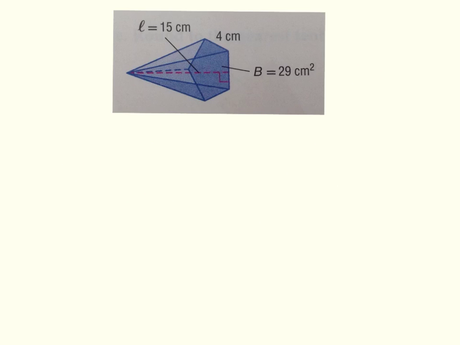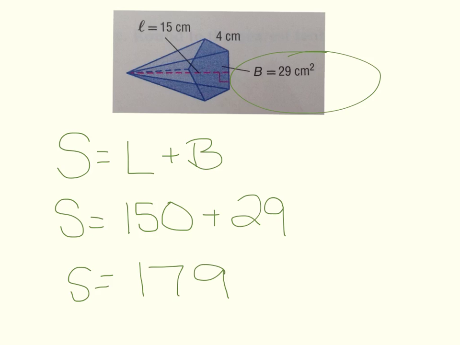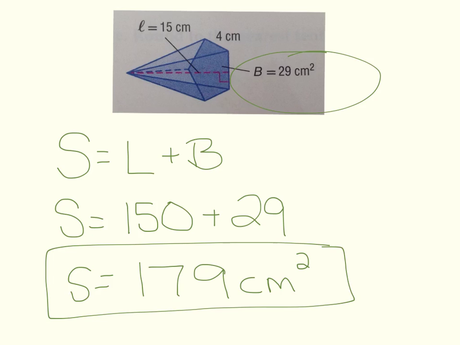With this same shape that we used to find the lateral area, we're going to find the surface area. The surface area is the lateral area plus the area of the base. We already know that the lateral area was 150, so we'll save ourselves some work. Plus, they tell you that the area of the base is 29. So you just add those together, and you get 179 centimeters squared as the surface area of this object.